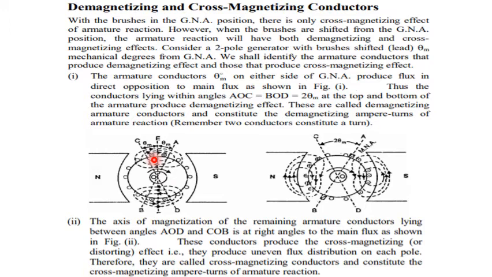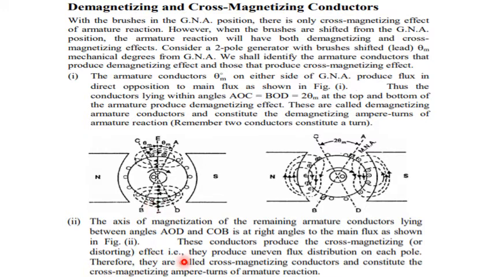Whatever conductors are present in that location are influenced by the demagnetizing effect, so those conductors are called demagnetizing conductors. These two are the demagnetizing conductors here.